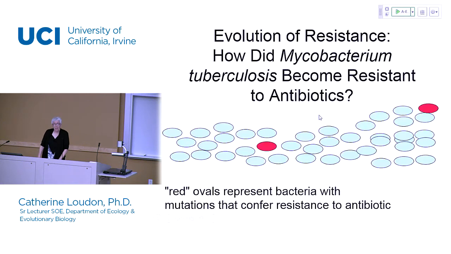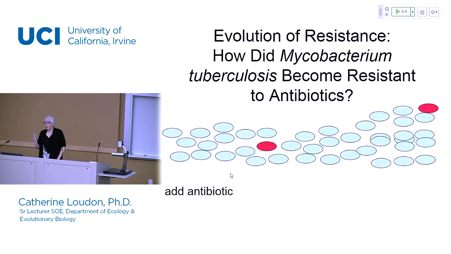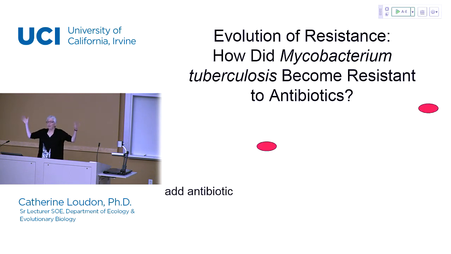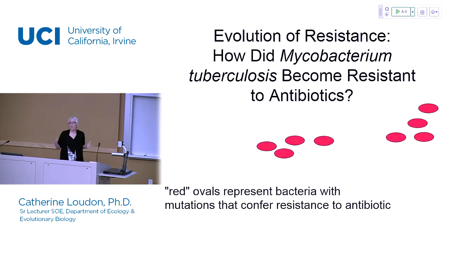If this is the case in the population, then if we add the antibiotic to the patient's body, which is the environment for these tuberculosis bacteria, what happens? The ones that are susceptible are gone, killed off by the antibiotic. What's left? The bacteria that are resistant to the antibiotic, which can then proliferate even in an environment where there is antibiotic.